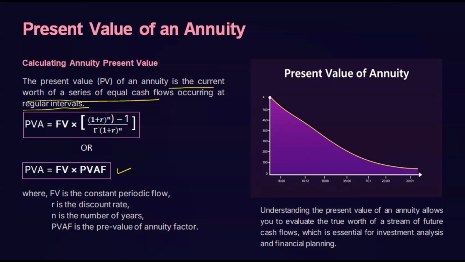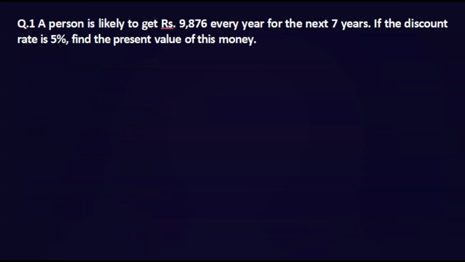So let's go with the problem. So this is the first problem which we are going to solve. See, a person is likely to get 9,876 every year for the next 7 years. Means each year he is going to get this amount for the next 7 years. So given information, that means we have future value is 9,876 per annum.